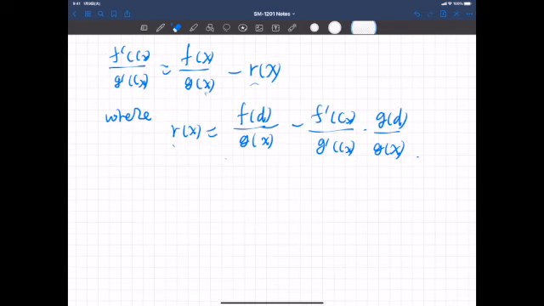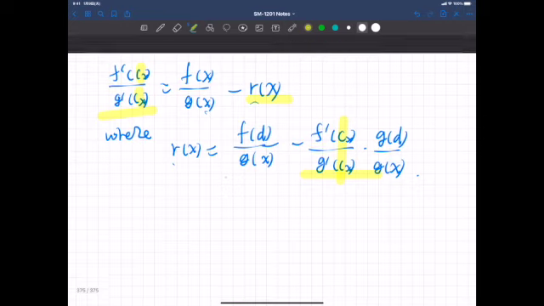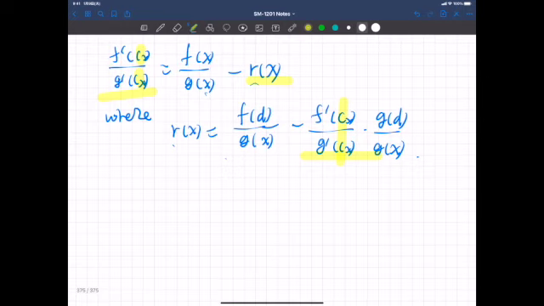Now you should note that f prime of cx and g prime of cx appear on both sides: on the left hand side, and on the right hand side as part of this r of x. Now let's look at this expression more carefully. First of all, by condition 3, this left hand side converges to a finite value.